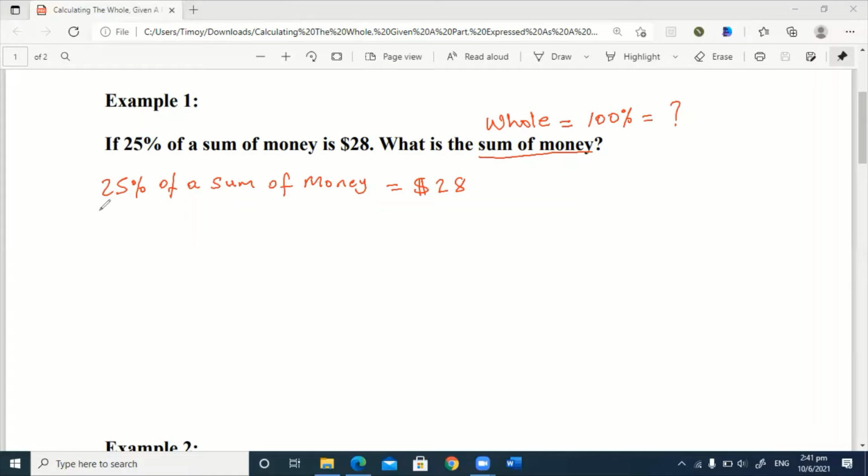So we'll divide this side by 25 and also divide this side by 25. What will we end up with? Here you can see 25% divided by 25 will give us 1. So what we're left with is 1% of the money, right?